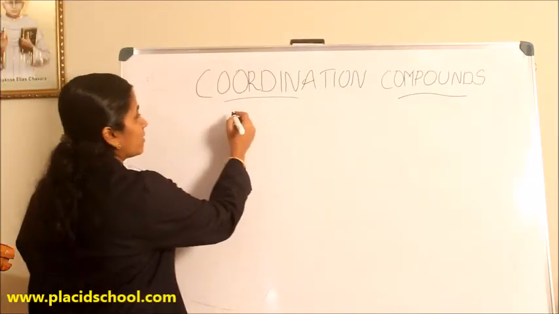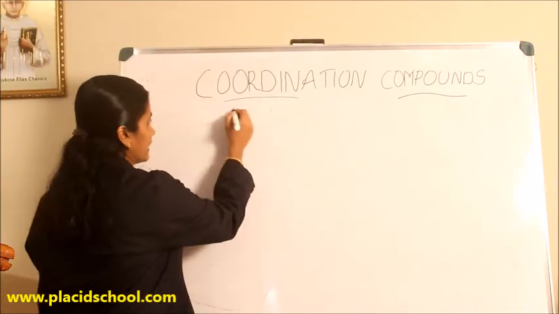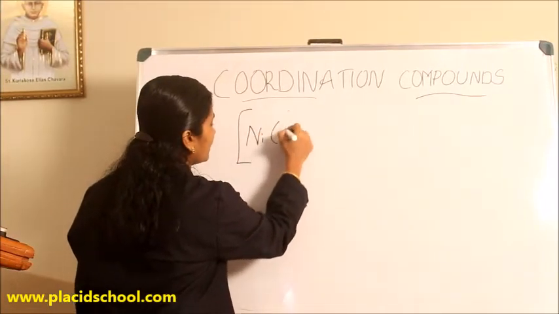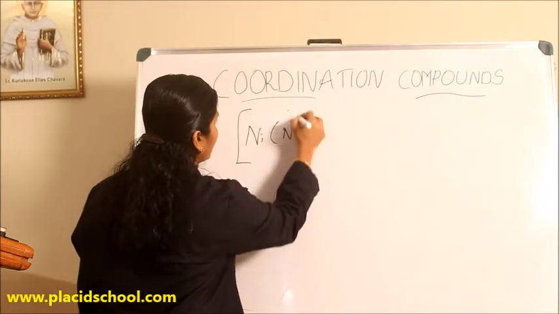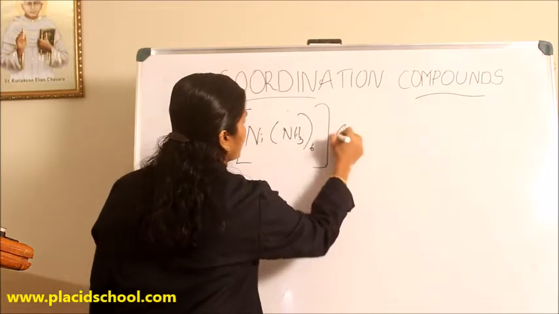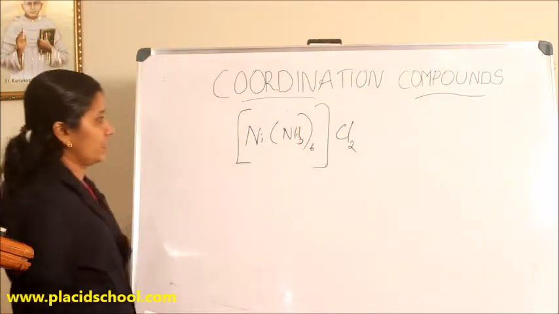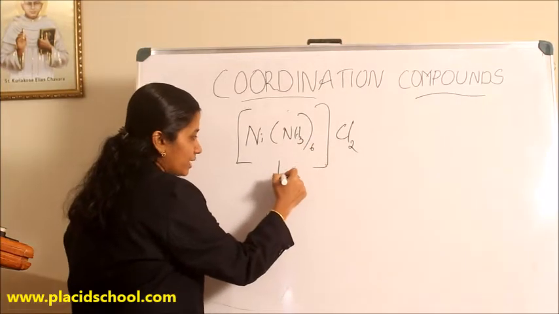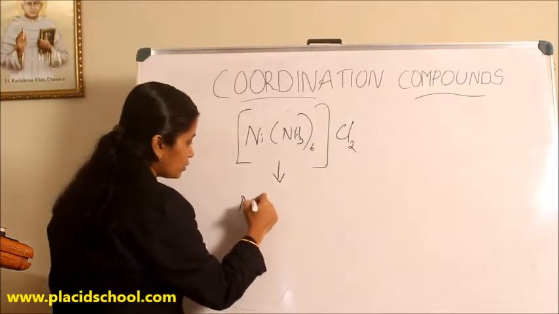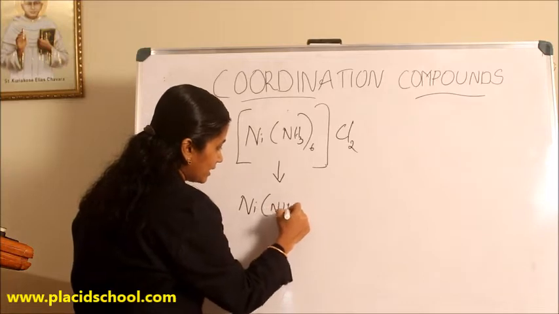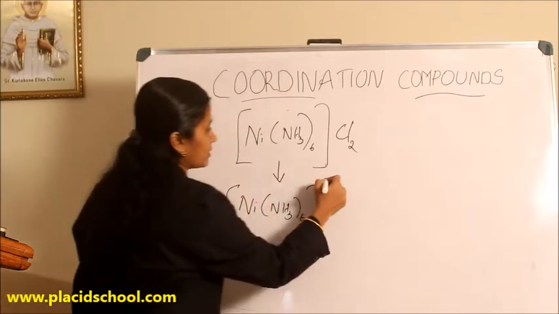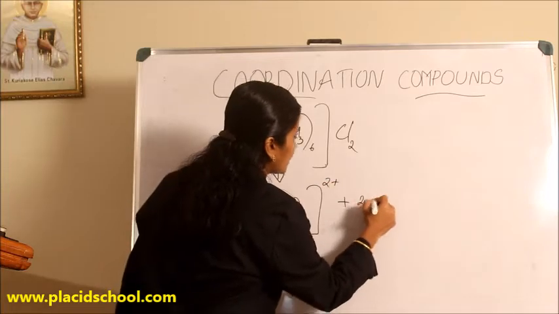Now I am explaining the coordination compounds in detail. So for that I am writing that example, [Ni(NH3)6]Cl2. When this coordination compound is dissolved in solvent, it splits into ions [Ni(NH3)6]2+ and 2Cl-.